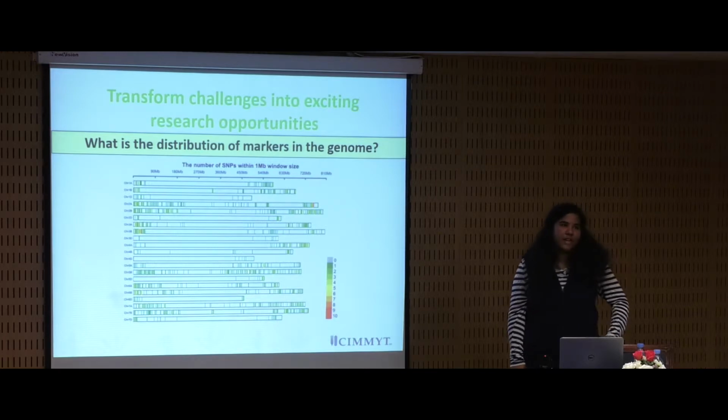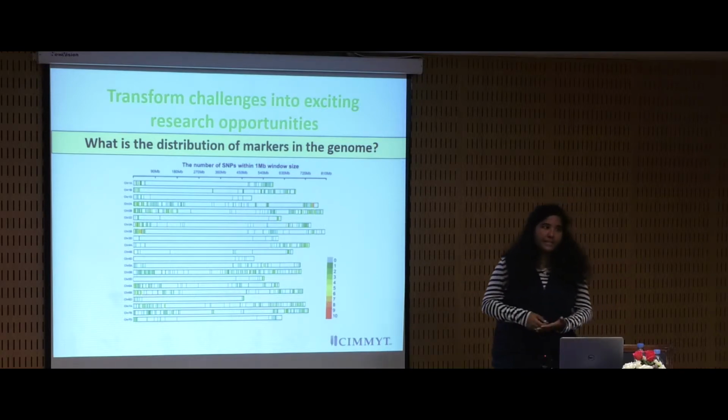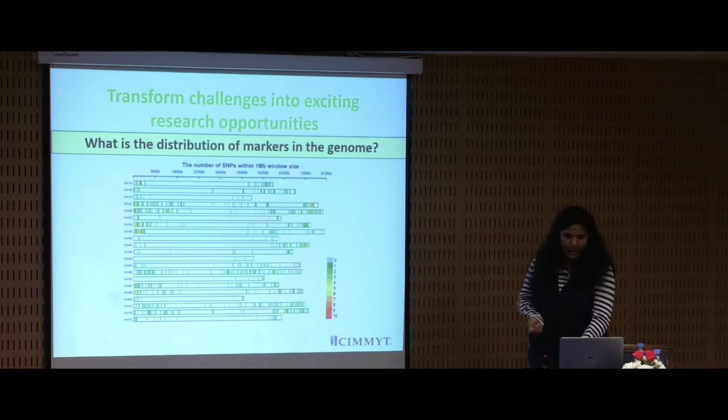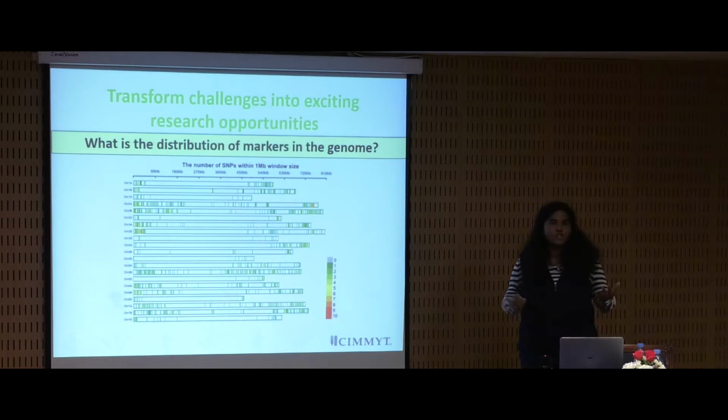Is this because of the nature of the wheat genome? Because there are studies that say most of the genes in wheat are concentrated at the telomeric ends, and there is not much recombination at the centromeric regions. But it could also mean that the markers do not sufficiently cover, since genomic selection is based on the assumption that you have one marker every centimorgan.